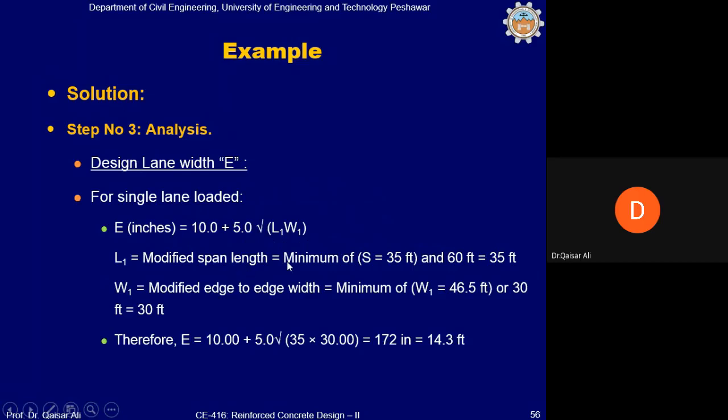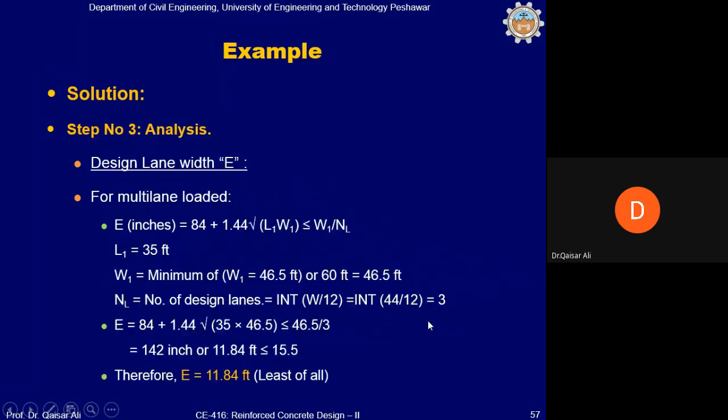L1 is the modified span, minimum of S and 60, so minimum is 35. And modified W1 is the minimum of W, which is 46.5, or 30. So we'll use 30. When we substitute the values of L1 and W1, 35 and 30, we get an E value of 172 inch or 14.3 feet.